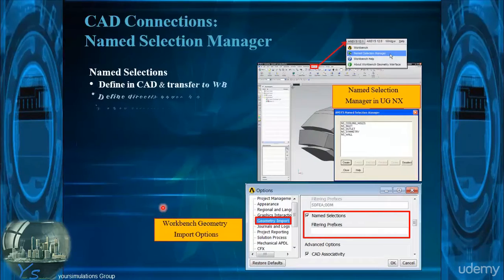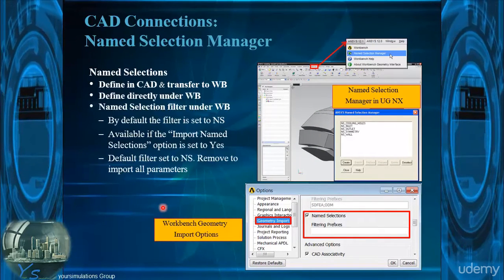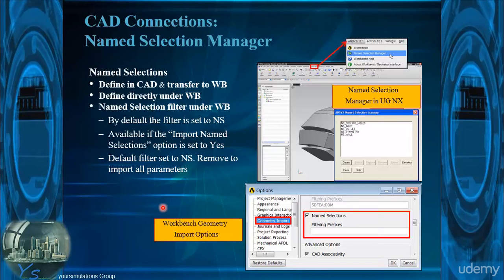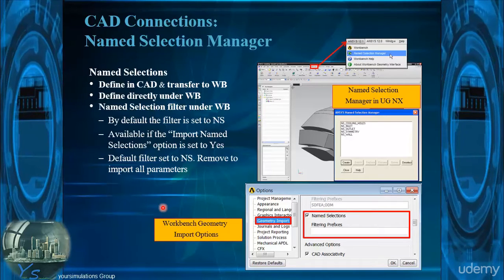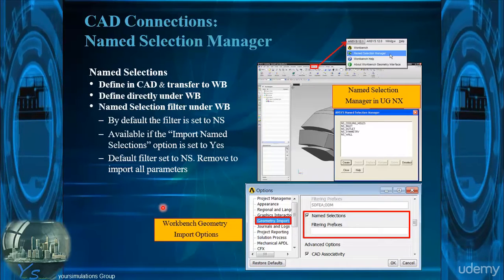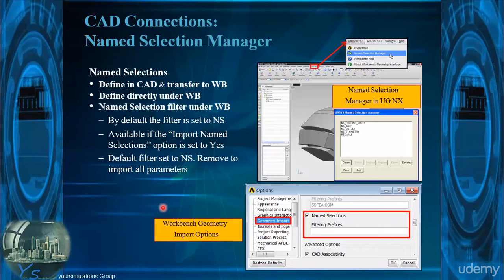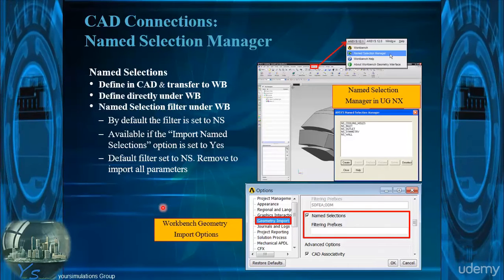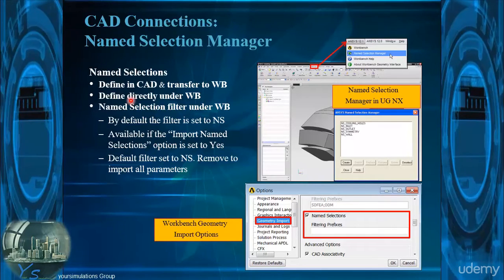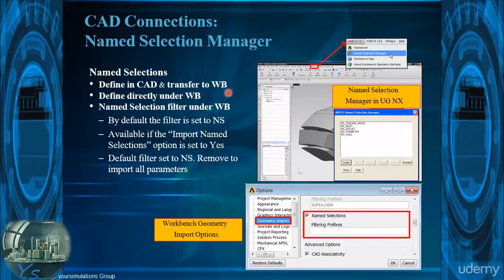We can also, in addition to parameters, control the name selections as well, which are used to define bodies, which can be very important for setting up your analysis to define which zones are specific load zones or boundary conditions, for example. So they can also be defined in the CAD system and transferred to Workbench in a similar way to parameters.